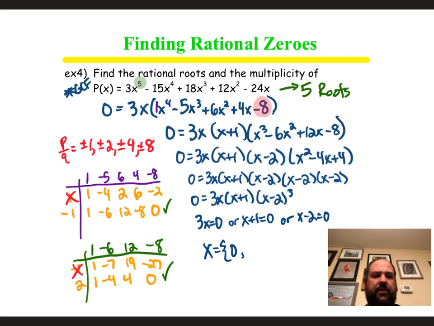The x plus 1 equals 0 would give us -1. And the x minus 2 would give us 2. But again, I had 3 of those binomials. So really, 2 is a root 3 times. So if I count 1, 2, 3, 4, 5 roots, which is what we should have ended up with, there's our answer.